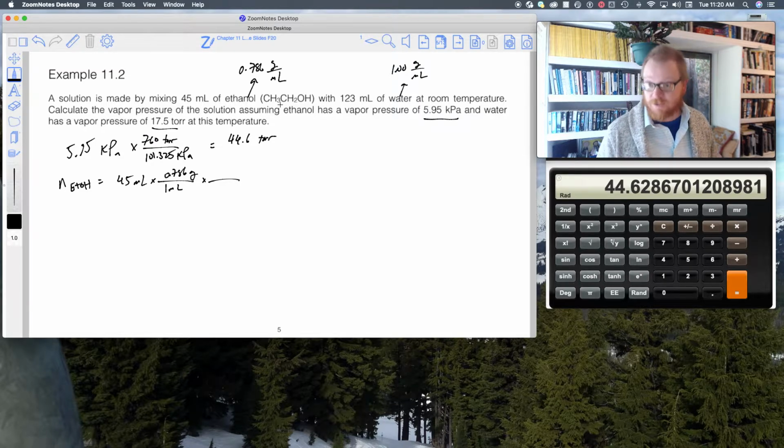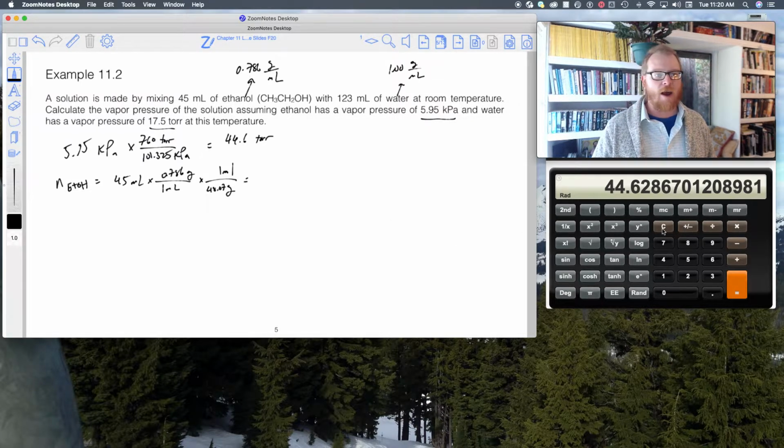So you'll need to remember how to do molar mass, right? So the mass of 2 carbons plus the mass of 6 hydrogens, plus the mass of an oxygen. I get 46.07. Make sure you get something close to that. 46.07 grams in 1 mole. Okay, beautiful.